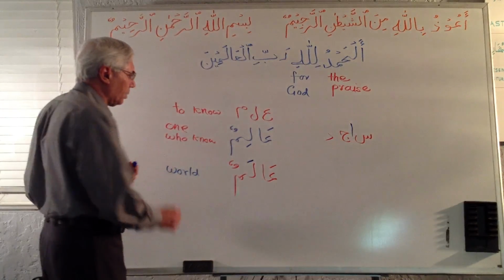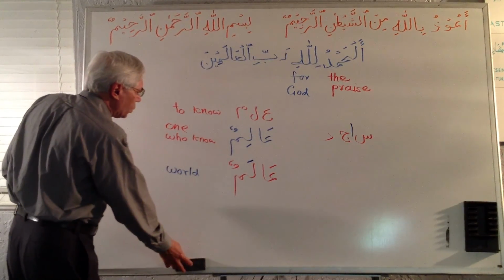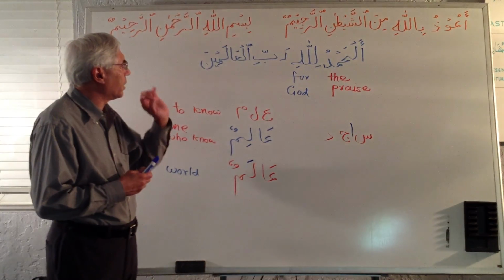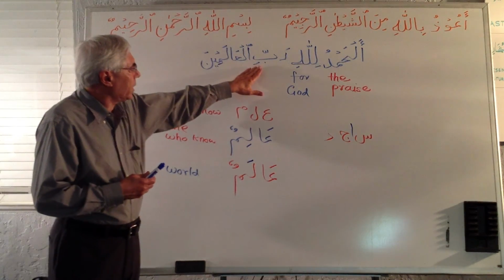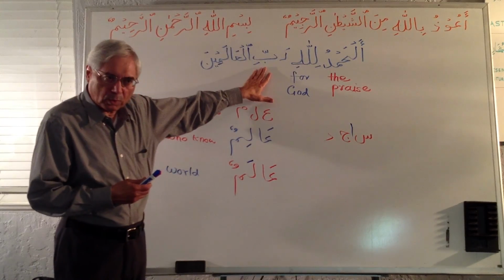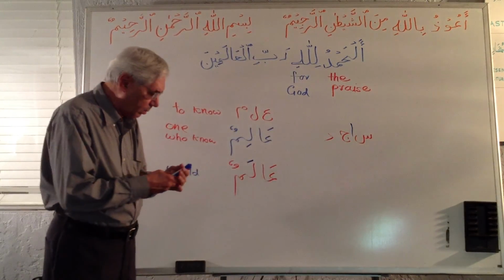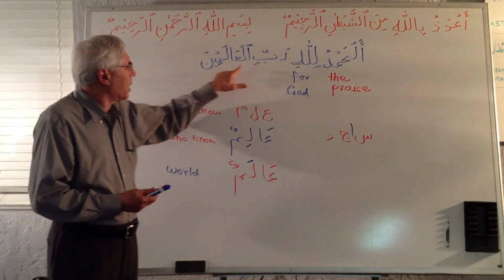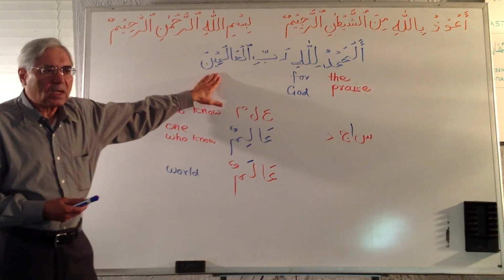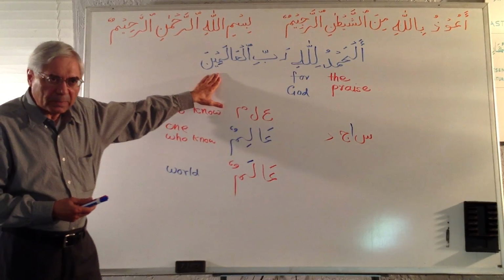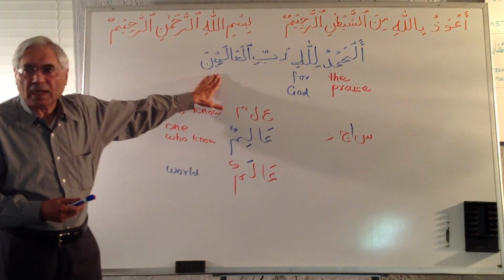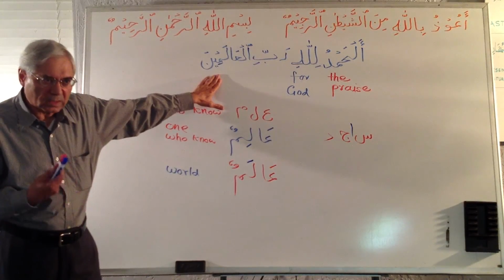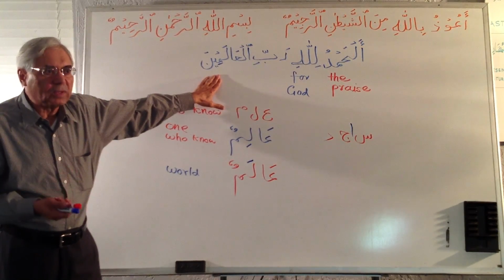Now, I will start covering this in the next class, but I just want to give one thing here. When we take the word Rabbun, which means sustainer, the next word is Alamin, sustainer of the worlds.